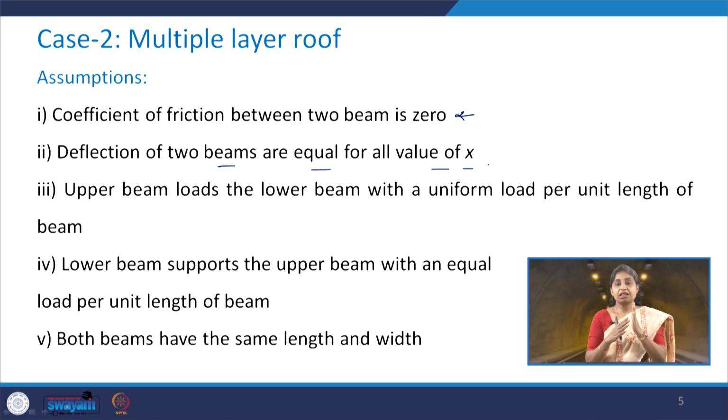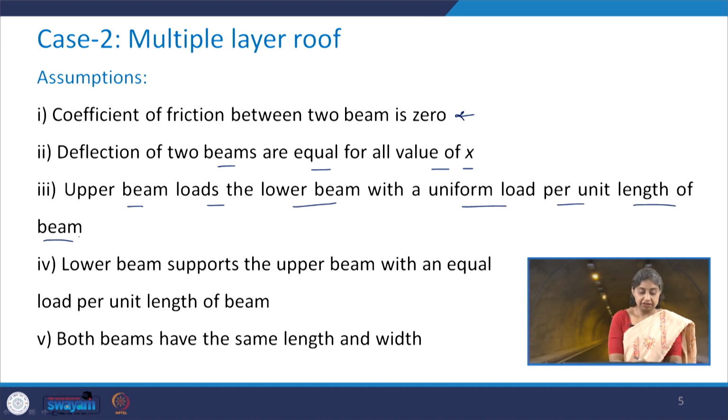So, starting from one end of the beam to the other end of the beam, at all the points or at all values of x, the deflection of both the beams is going to be equal. Then the upper beam loads the lower beam with a uniform load per unit length of the beam.